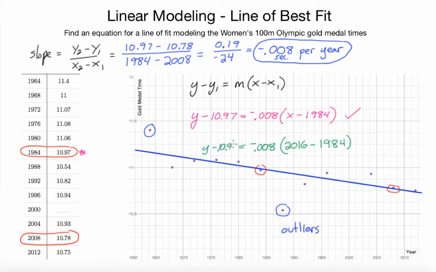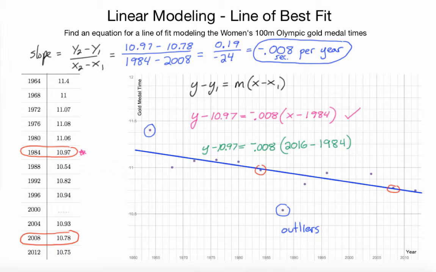All right, so we put in our particular value. Let's calculate everything on the right here. So 2016 minus 1984 gives me a change of 32 years. Now let's multiply that by negative 0.008. 32 times 0.008.